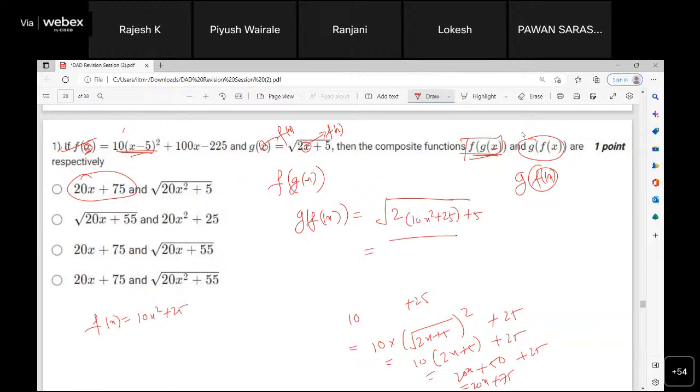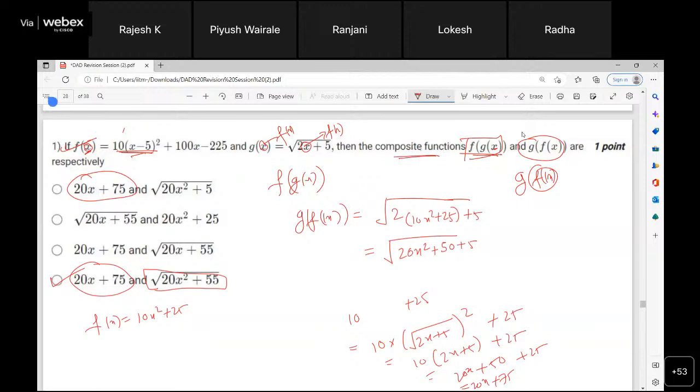So just simplify it. It will be 20x square plus 50 plus 5, that is 20x square plus 55. Under root 20x square plus 55. So this is how we calculate the composite function, right?